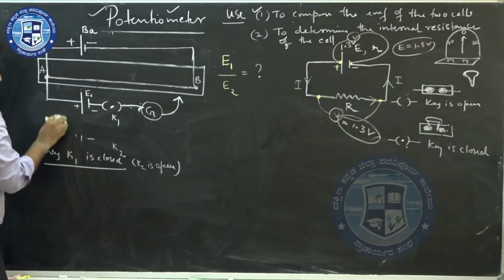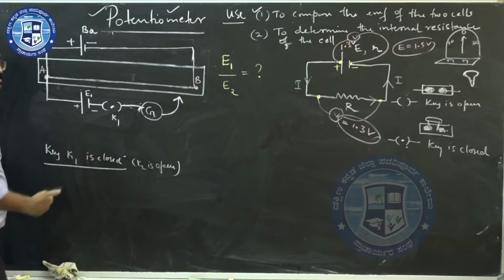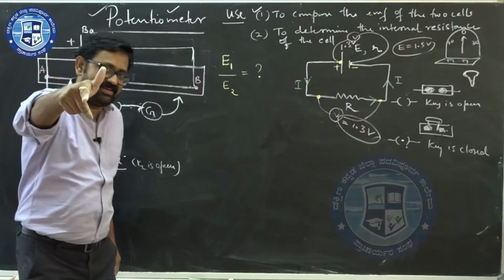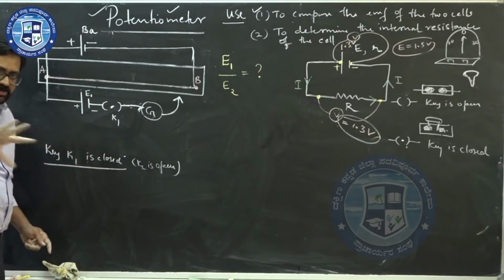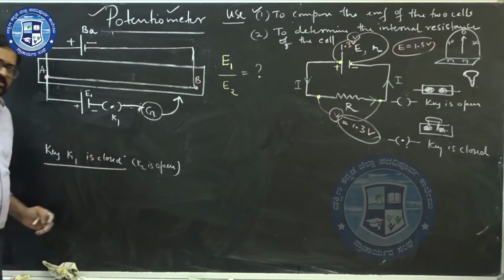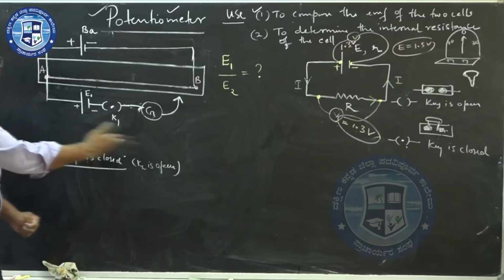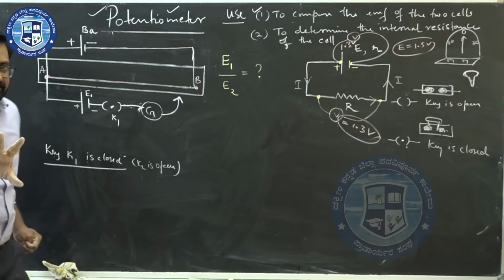I am removing this portion because it is of no use now, and the intention of removing it in the circuit diagram is just to make things clear when I give some explanation in this circuit. Of course, you are not going to remove it in the experiment. That circuit will be there, because anyhow K2 is open, there is no role of that part. For my convenience of convincing the point, I removed it from the diagram.